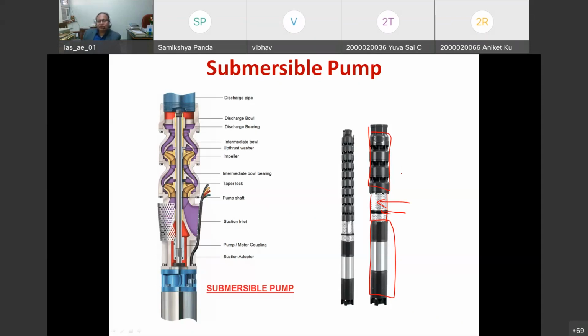The delivery side lift may be lower or higher depending on the situation where we are keeping this pump. If you increase the number of bowls, you can provide more delivery depth, or delivery lift.